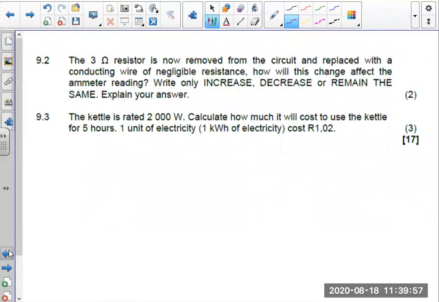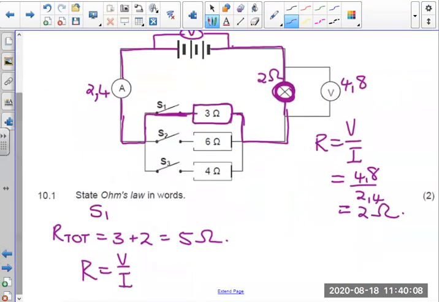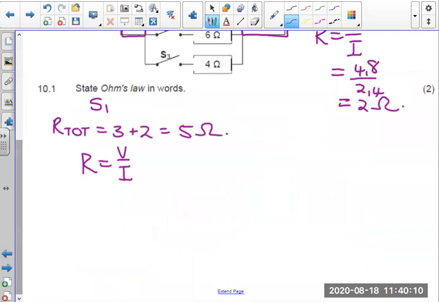So let's quickly go to that diagram. The ammeter reading is 2.4 for switch 1 closed. So then we're going to use the amps as 2.4 here and the resistance as 5. So 2.4 times 5 gives us an answer of 12 volts.